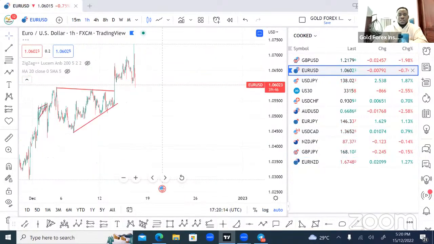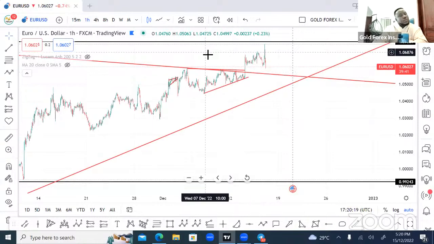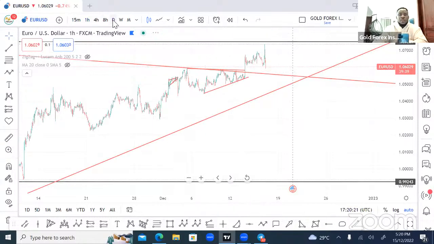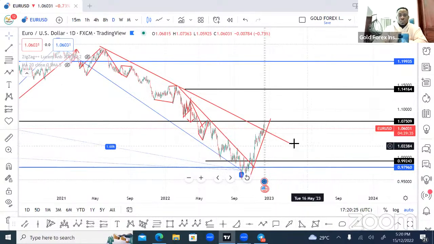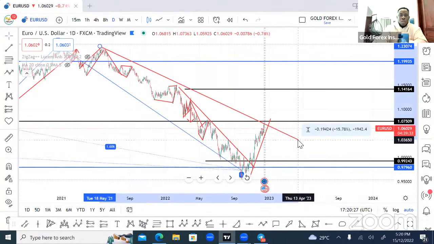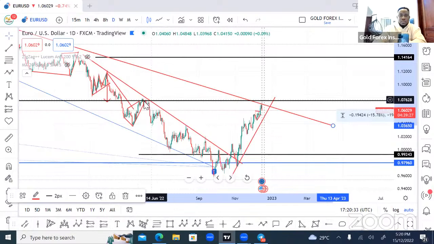Euro USD. Euro USD came to touch this level.